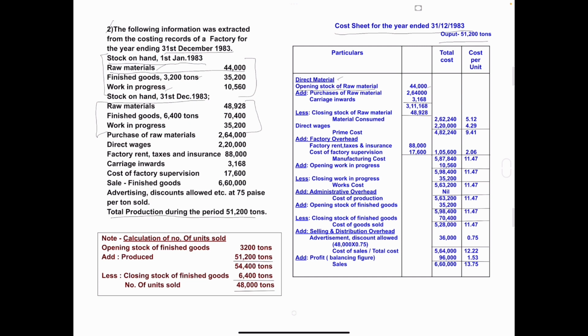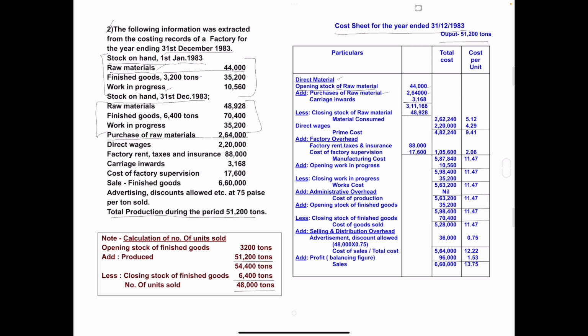In that we have to add purchases of raw material. See in the problem, where is the purchase? Purchase of raw material 2,64,000. So write here in the solution, add purchase of raw material amount 2,64,000.